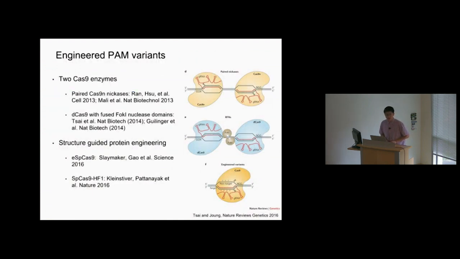In addition to naturally occurring Cas9 and other Cas enzyme variants, there are also engineered variants that have been repurposed and equipped with different kinds of functionality. Two of these enzymes are called eSpCas9 and SpCas9-HF1, which have been engineered to be more highly specific than wild-type Cas9.